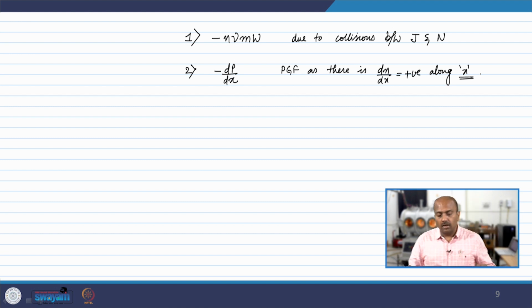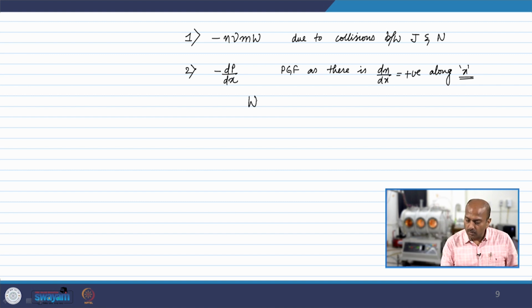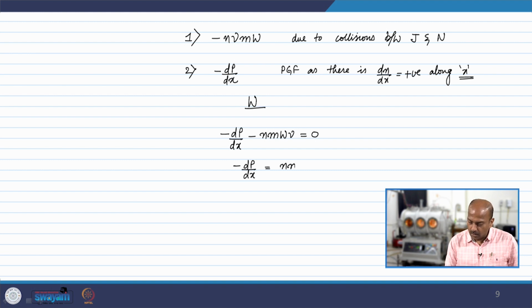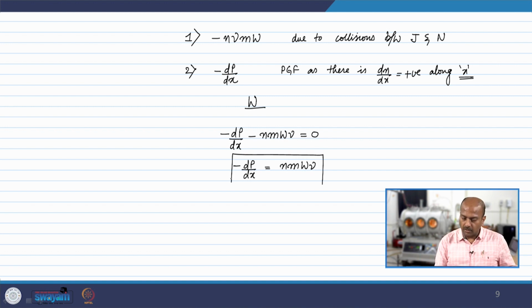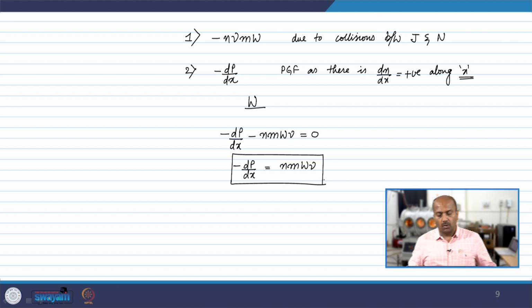That means for a uniform drift velocity W, these two forces should be equal, so combined they give 0. dP by dx minus N m W nu equals 0. We can write it as minus dP by dx equals N m W nu.